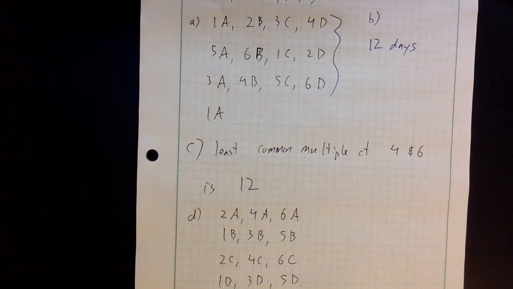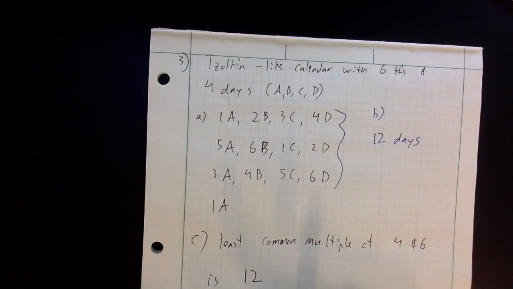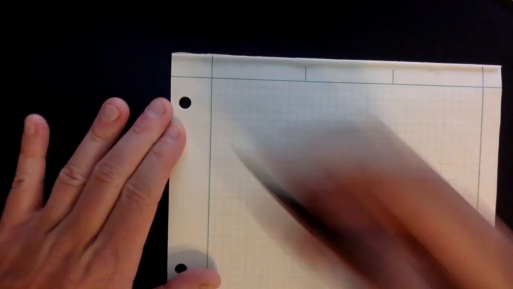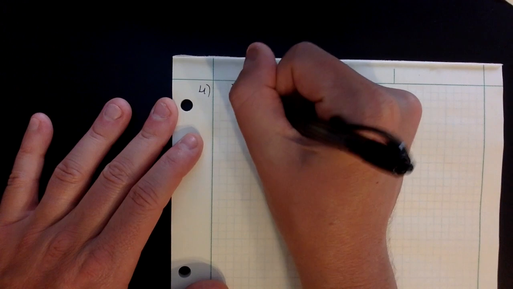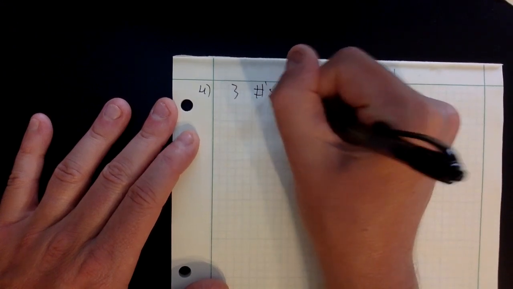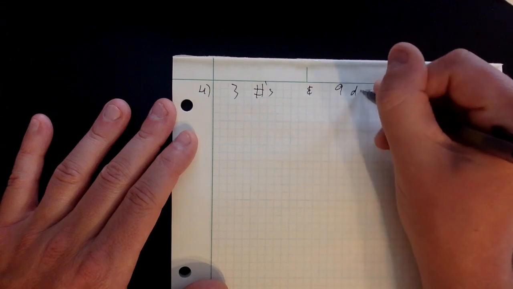Okay, so we're going to look at a similar problem, number 4 on the homework. It says that now we have 3 numbers, but now we have 9 day names.